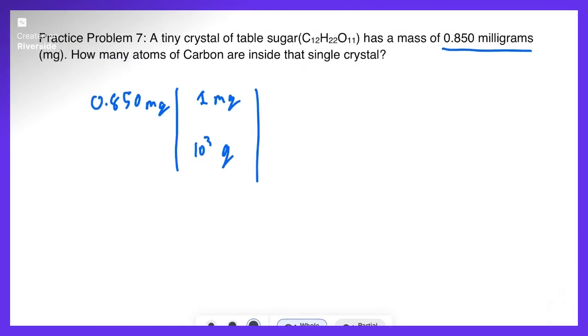So it wouldn't make sense to say that there's 10 to the 3 grams in 1 milligram, because that would mean that when we're making the number of grams bigger, we should also be making the number of milligrams bigger, because milligrams is smaller than the gram. So that's just one thing to keep in the back of your mind, to always check if what you're writing is right. So we converted from milligrams to grams, and we can cross off milligrams.